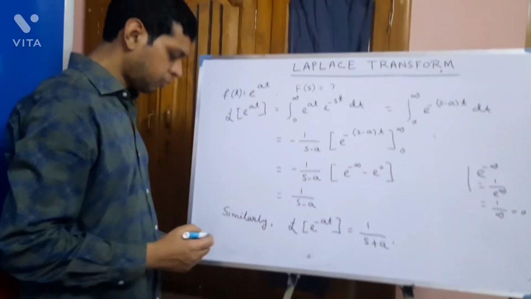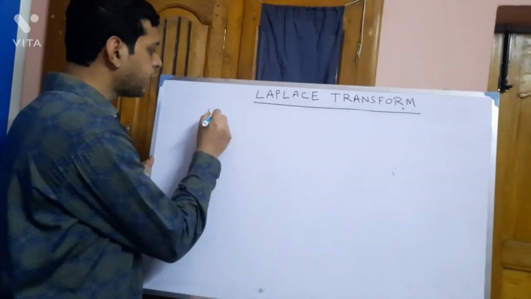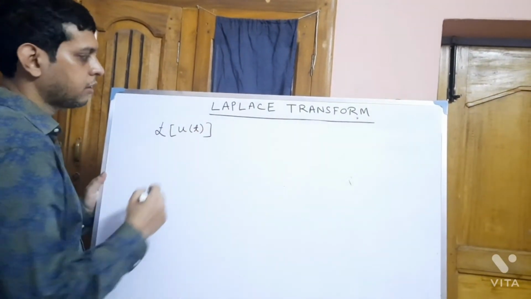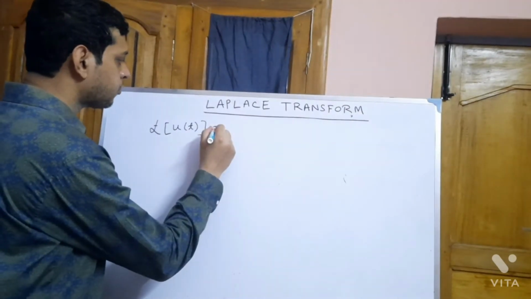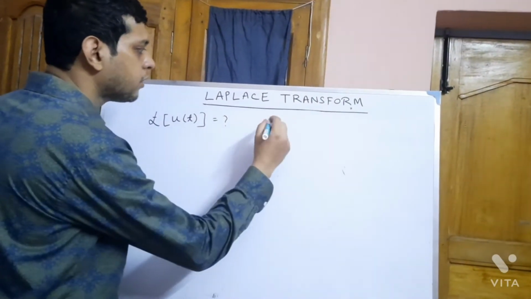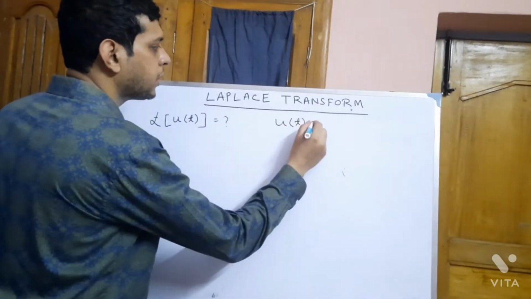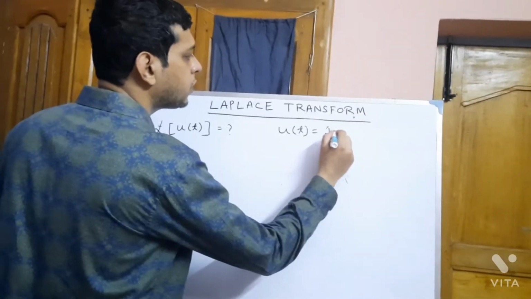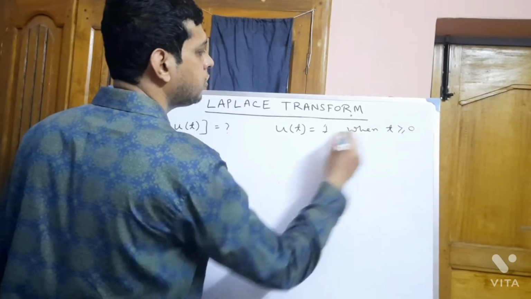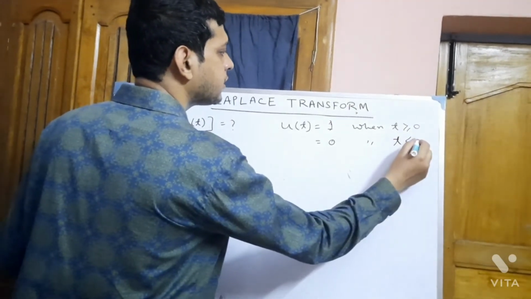Now let us determine the Laplace transform of the unit step function. What is the unit step function? The value of the unit step function is equal to 1 when t is greater than or equal to 0, and equal to 0 when t is less than 0.